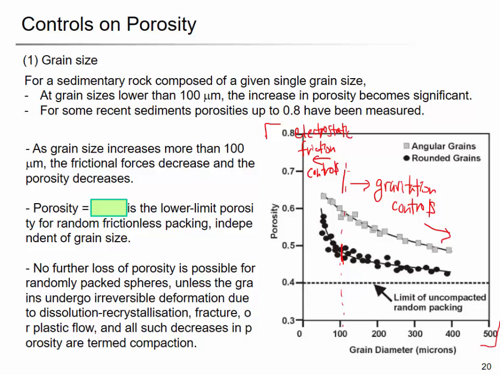And the random packing can have 0.4, so 40% porosity when it's the rounded grain. And this is independent of grain size. So you always have the porosity limit.